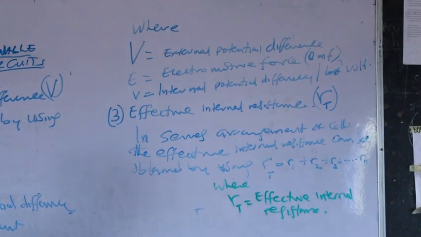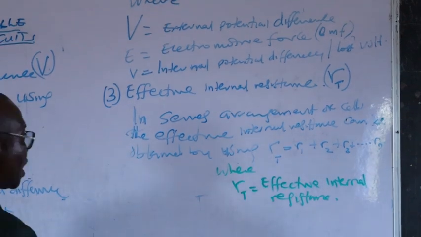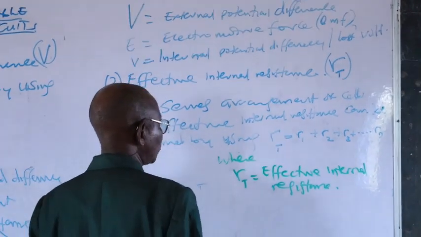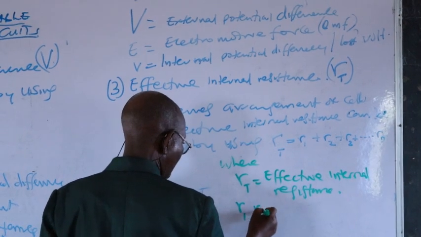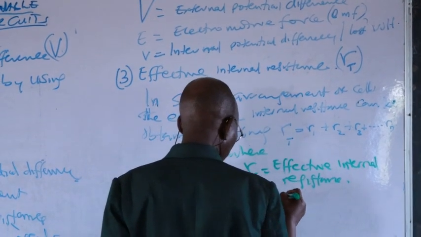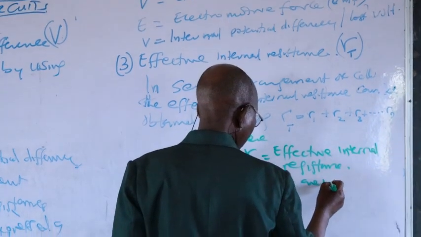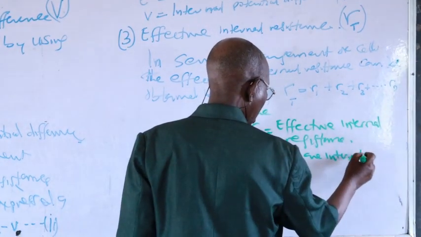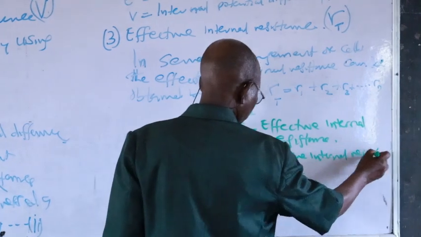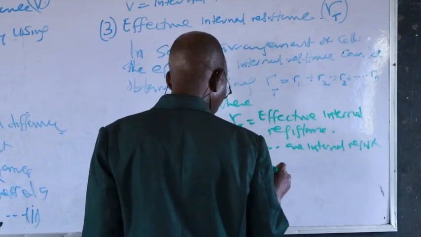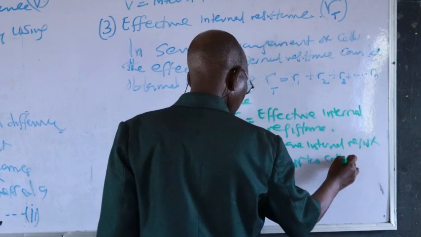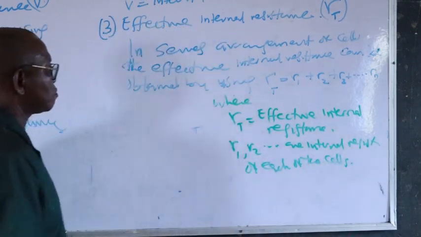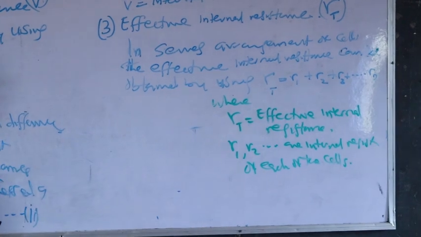We add them together. So R1, R2, etc. are the internal resistance of each of the cells. So that's series.